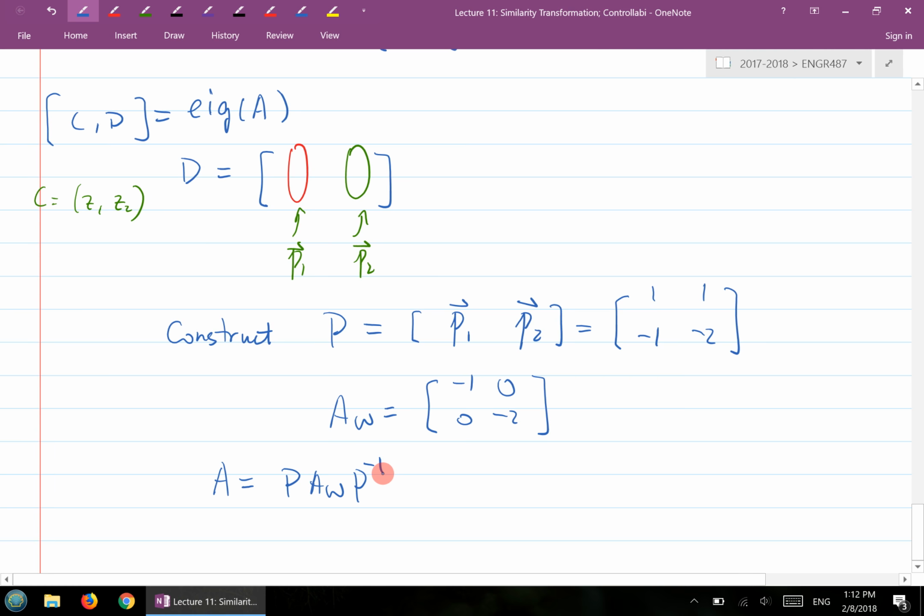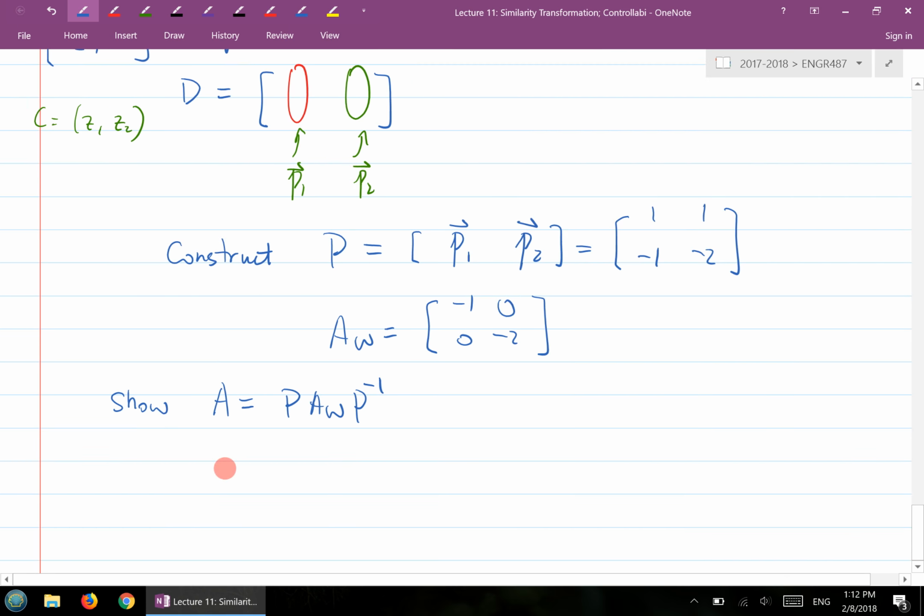You can show this easily. Once you get this, we're looking for A to the power of K. Because of the similarity transformation, A to the power of K is P times the diagonal matrix to the power of K, then times P inverse. The P matrix we already have: 1, 1, -1, -2.